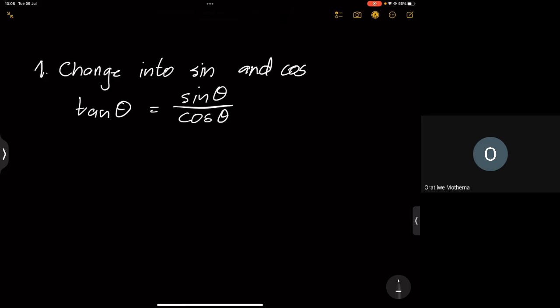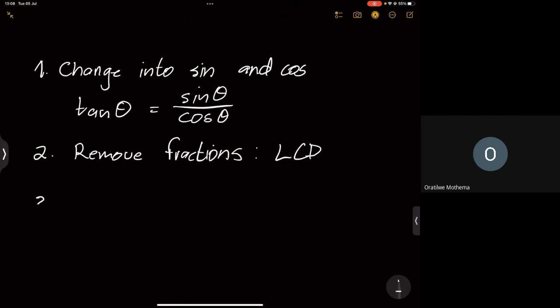The second thing that we do is that we always try to find the lowest common denominator. In this case, it means that we are going to try and resolve fractions, by finding the LCD and working through the fractions.